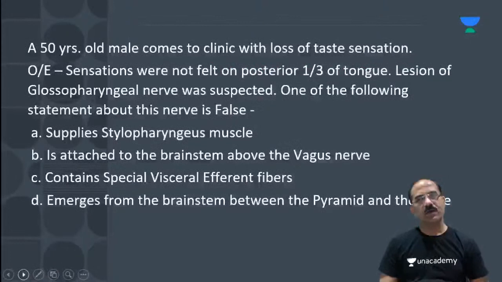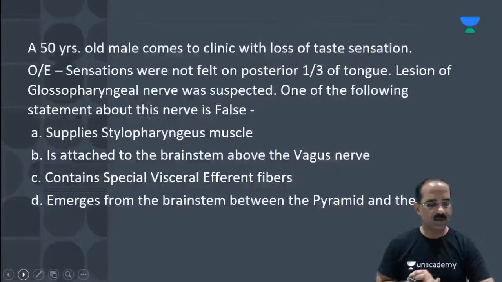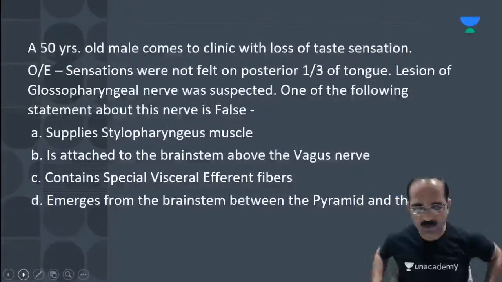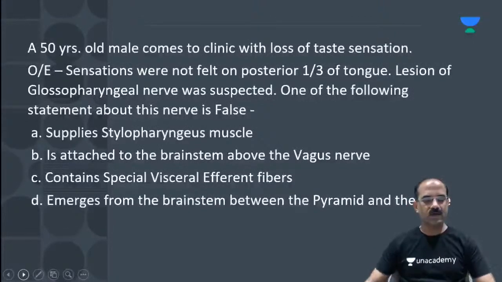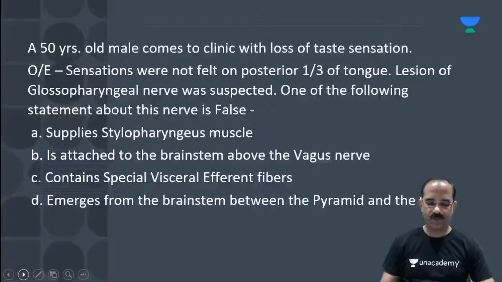Okay, we start with the first MCQ, students. Good morning to all of you. So be interactive, understand and answer. Have a look at this. Answer this MCQ.